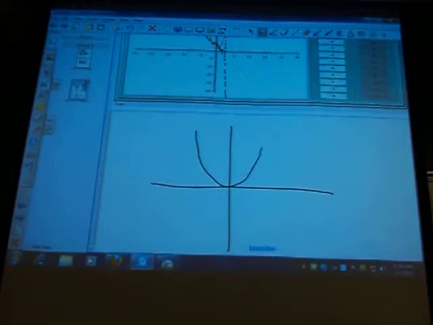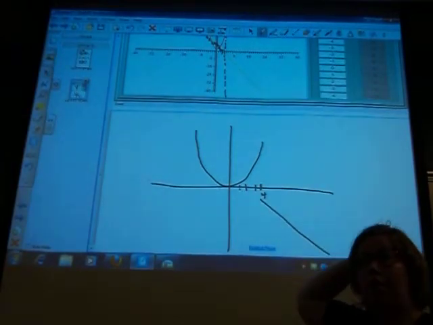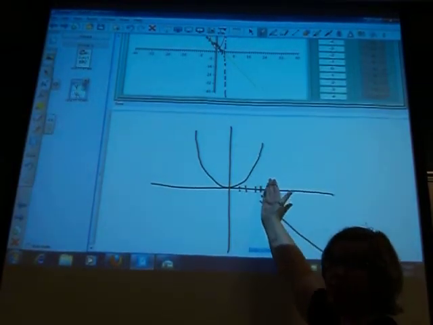Okay, so if I sketch this, just a rough sketch would look like this. So this is 4. What I want to do is put a circle on the end of each line to tell myself where 4 is included.